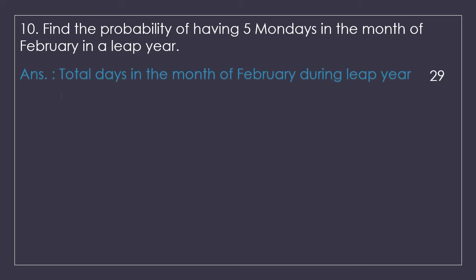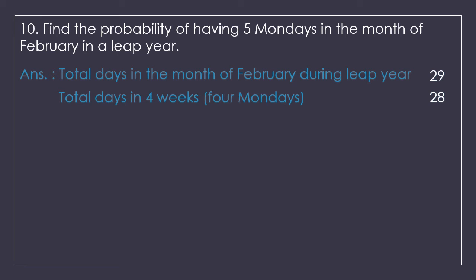So we will start with that. Total days in 4 weeks, and each week has one Monday, that means 4 Mondays. Each week has 7 days, so 4 weeks means 28 days, and 4 weeks also means 4 Mondays.